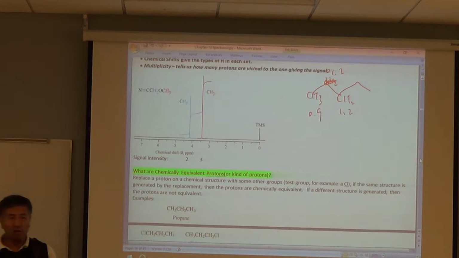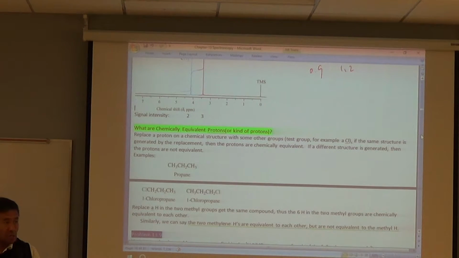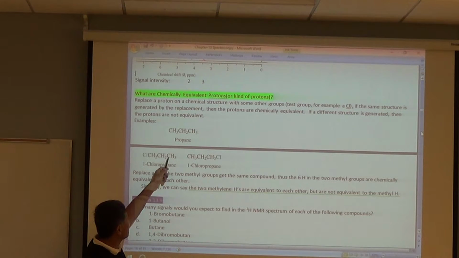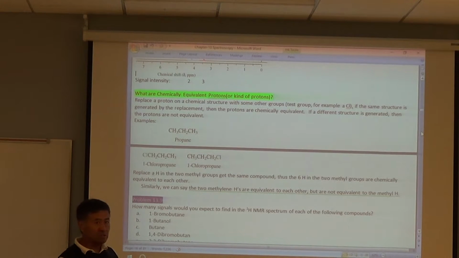To identify how many equivalent protons are in the molecule is very, very important. So how do you know which H are different, which H are the same, and how many different sets? You can just use the so-called replacement technique. If I give you a molecule like this, you can replace H by, for example, Br or Cl.